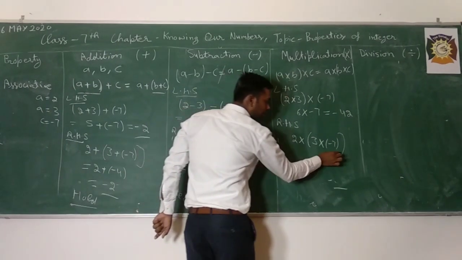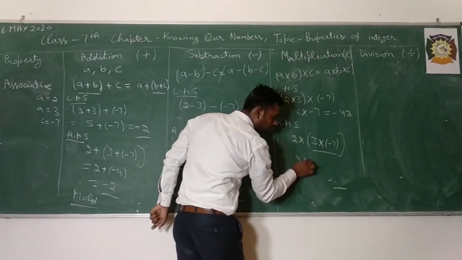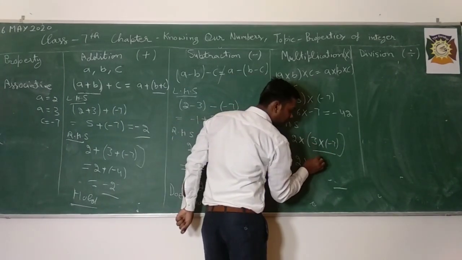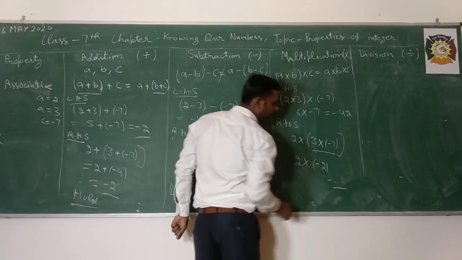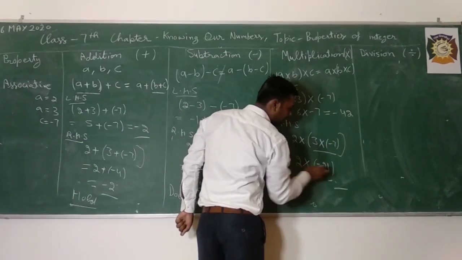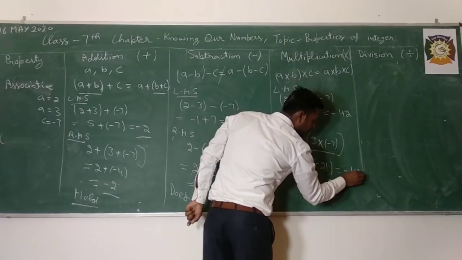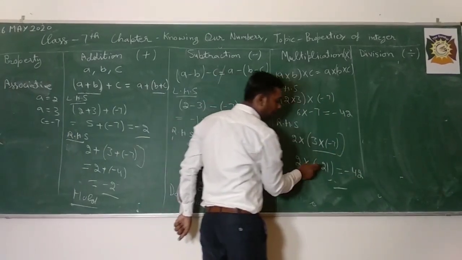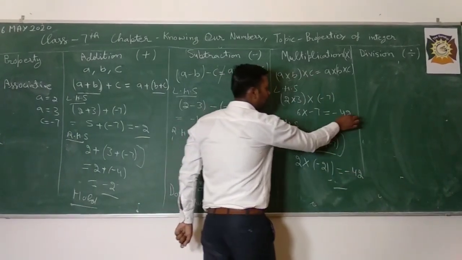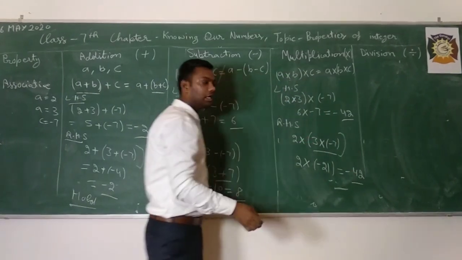First we solve this one, that is our group, right? 3 into minus 7 is minus 21 and 21 into 2 is 42, and minus here. Left hand side is equal to right hand side.